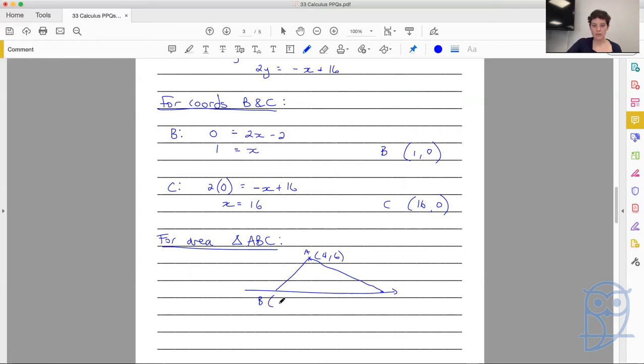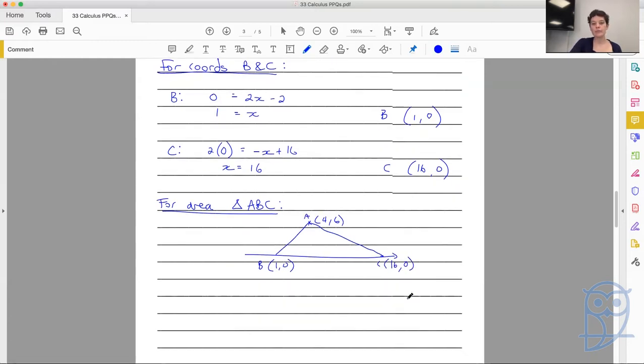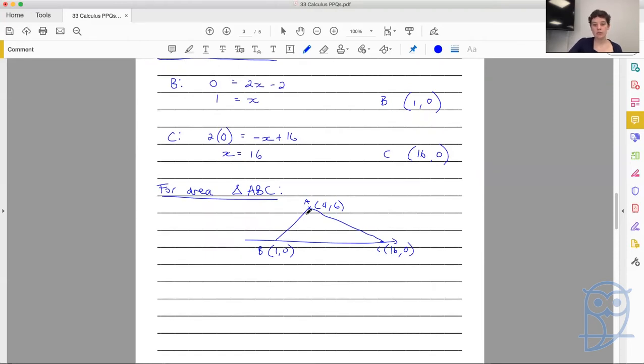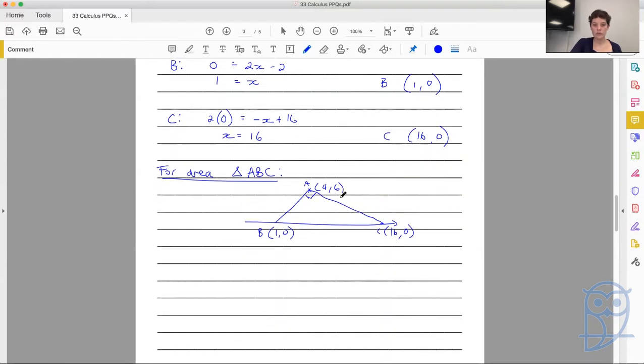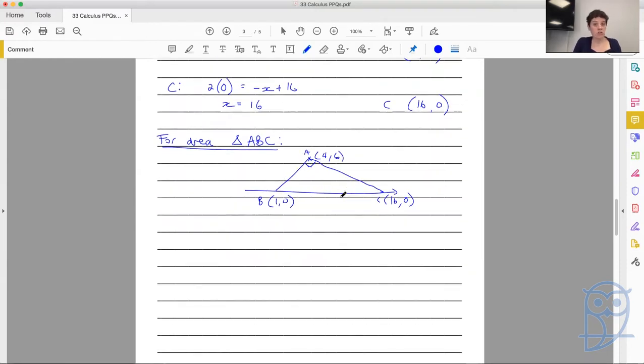So we have B (1, 0) and C (16, 0). We know that the normal and the tangent are at right angles. So we could go length of AB, length of AC, and get those perpendicular lengths. But there's an easier way to do this one.